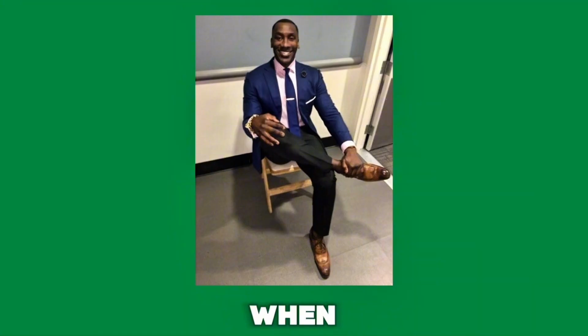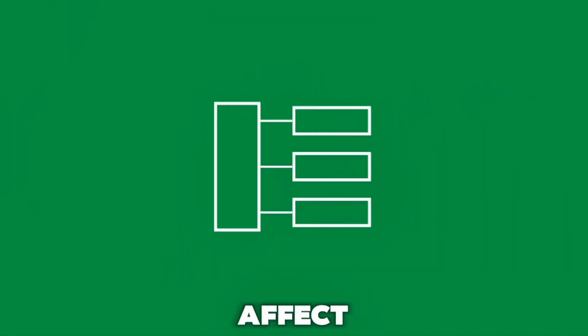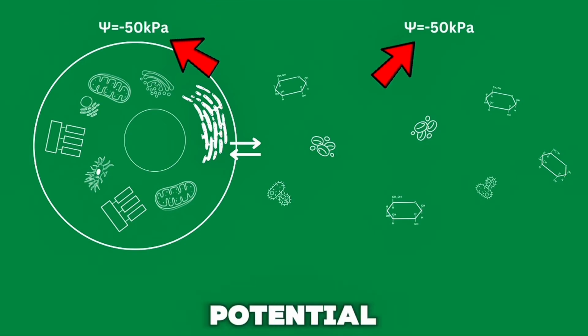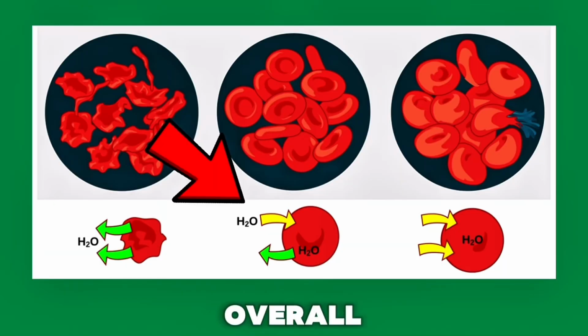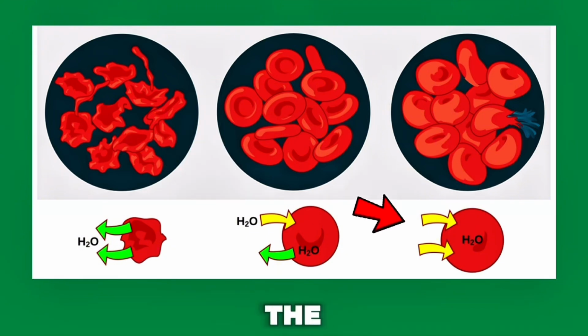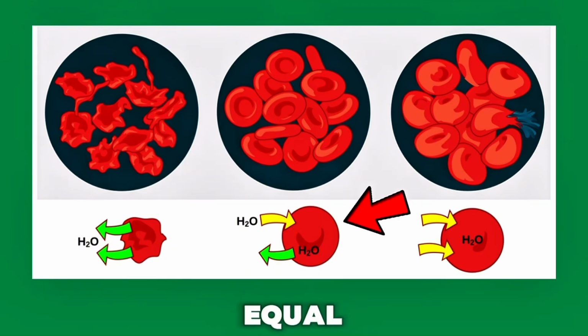When you throw these lipids into your cells, they don't affect the water potential. The water potential stays stable and doesn't change. Because of that, there's no overall osmosis. You don't get water moving into the cell or being sucked out of the cell. It's just a very equal flow of water and everything stays happy.